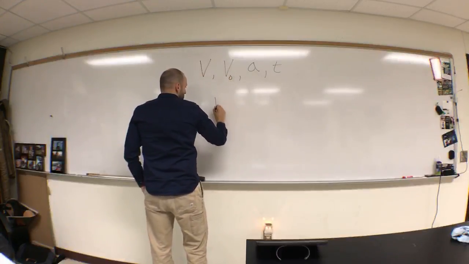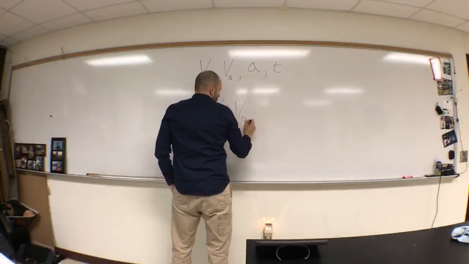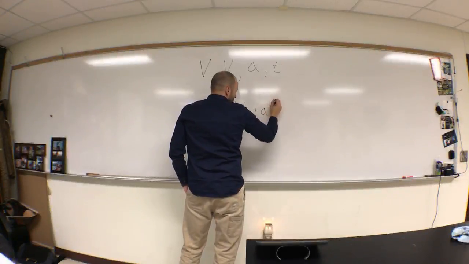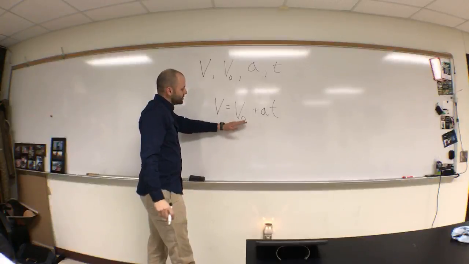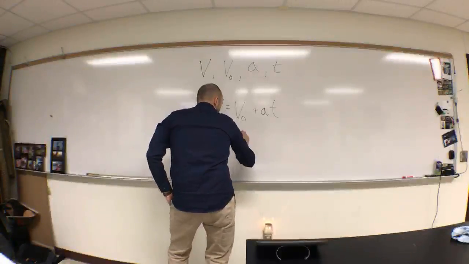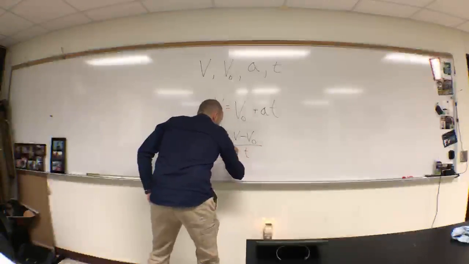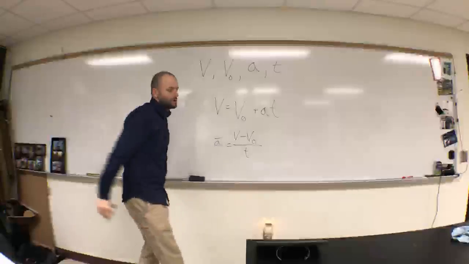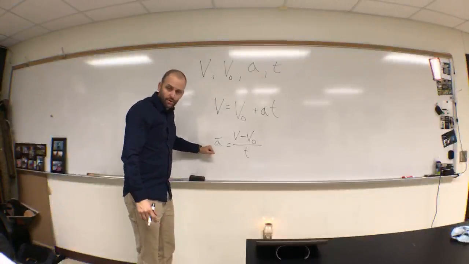We have an equation in your toolbox that is this: V is equal to V naught plus A times T. If I want to solve for A, first thing I'll do is subtract V naught over and then divide by T. So I have V minus V naught divided by T, which is your average acceleration equation. So you can think of it either way. You start here or you use this equation.